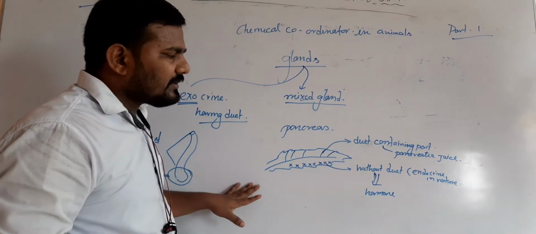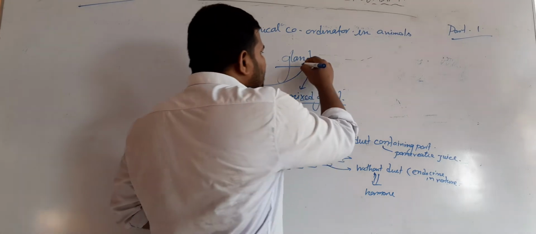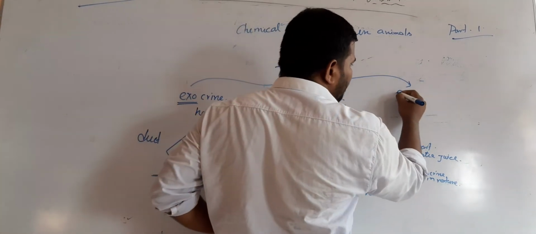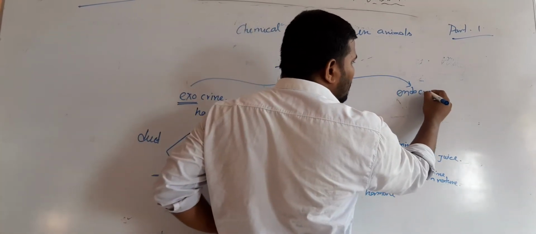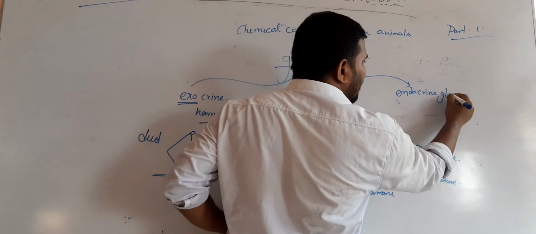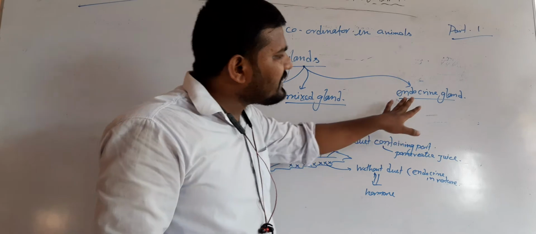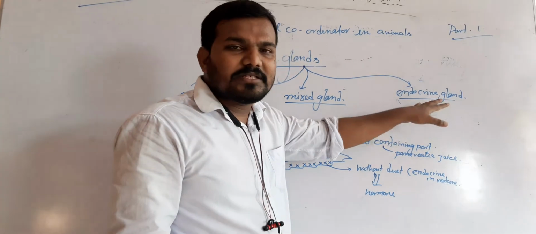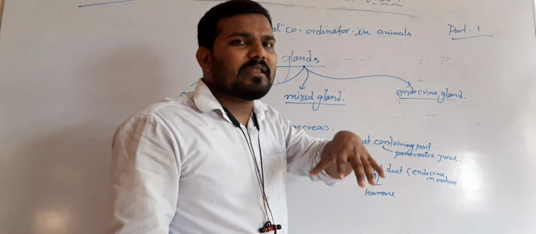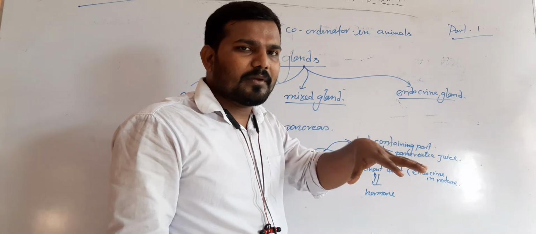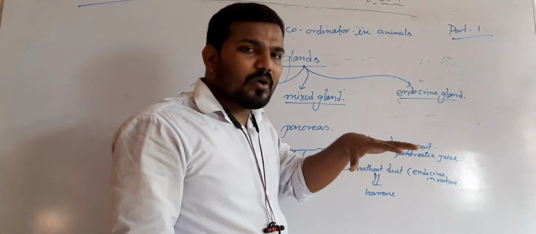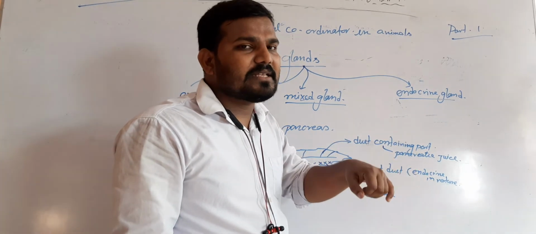Next, the third one is the endocrine gland. Endo means inner, crine means secretion. The secretion of this type of gland never comes out of the body. These are known as endocrine glands or inner secretive glands.